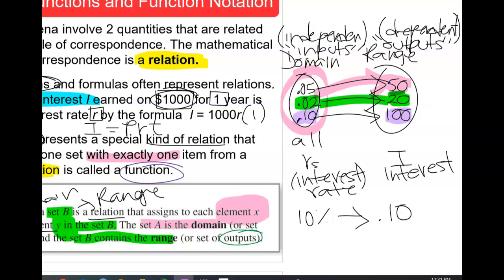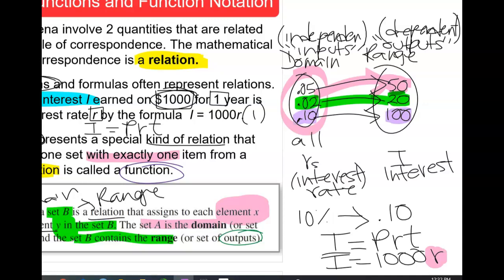And remember the example that we did, it was with the equation I equals P times R times T, and actually more specifically for us it was 1,000 R because T was equal to 1. So that was the example we did. Instead of X we were using R, but that's okay, no problem with that.